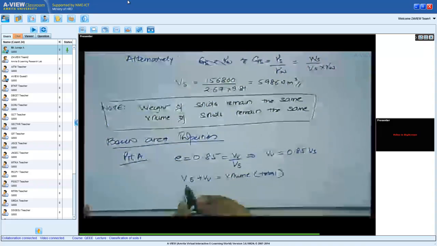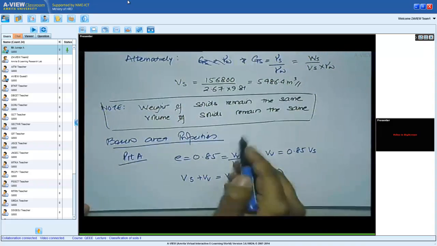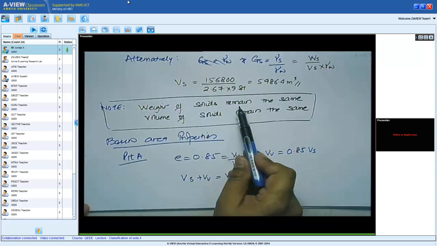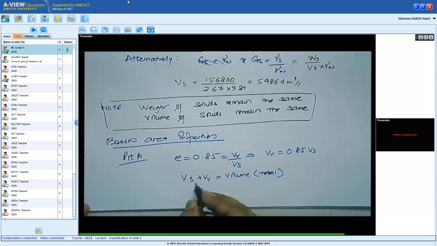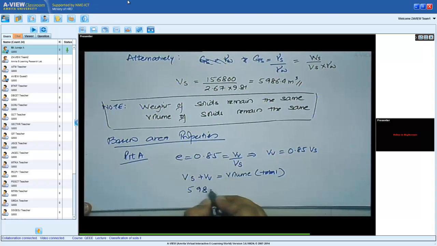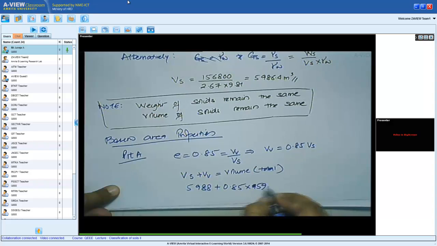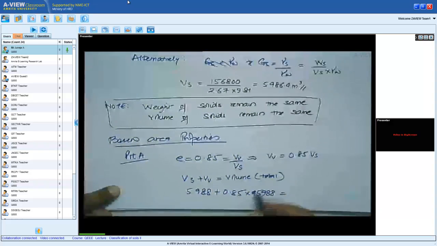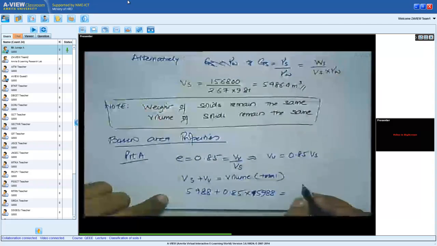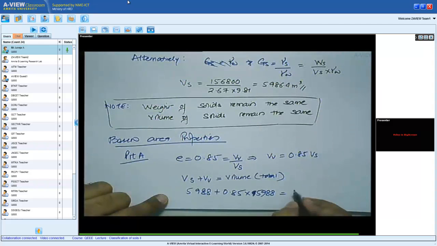So I have volume of solids which is known, 5988, plus 0.85 times 5988. If you plug in your number, you should have 11077.8 meter cube.